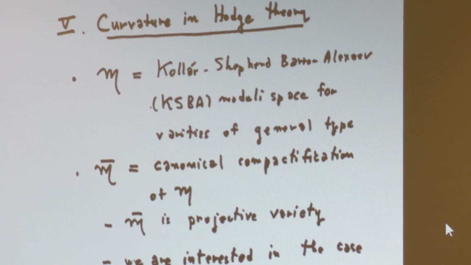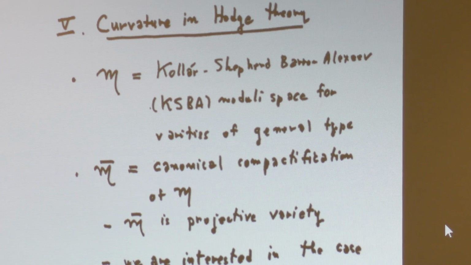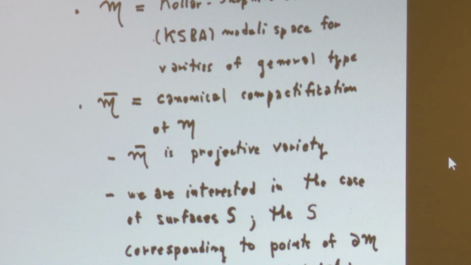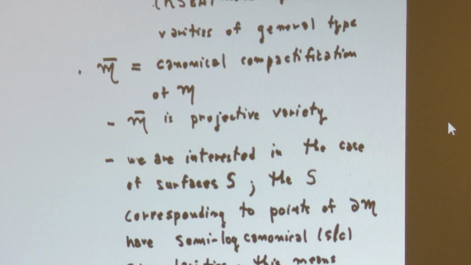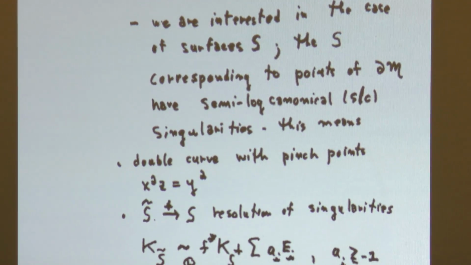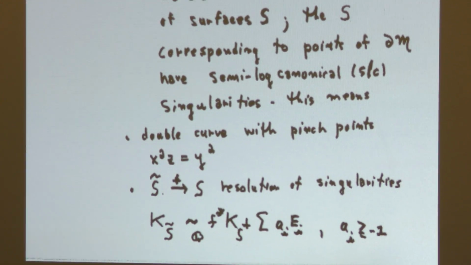Then the p_g, that's the dimension of the space of holomorphic two forms, or the global sections of the canonical bundle. That's called p_g, or h^{2,0}, the Hodge number. You fix that. And then you look at K_X squared, the degree of the canonical bundle. Since it's of general type, that's positive.